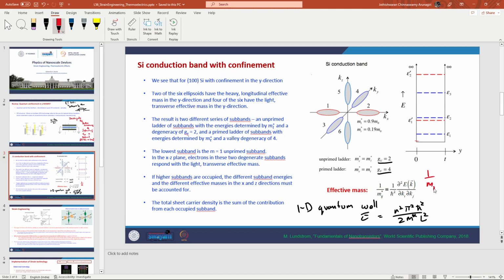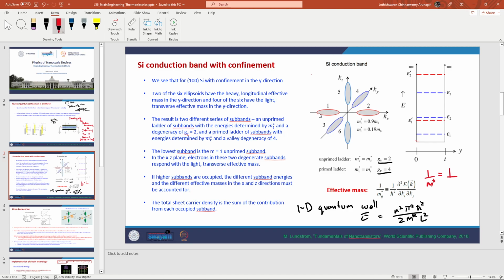So, I should put that in the superscript. The total effective mass is given by 1 upon... So this is the longitudinal effective mass, and this is the transverse effective mass.